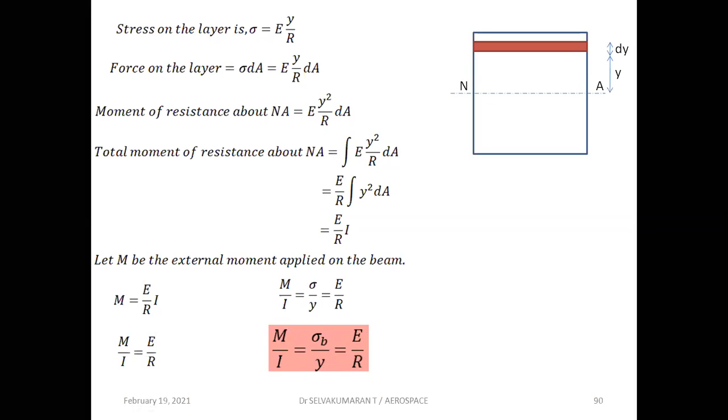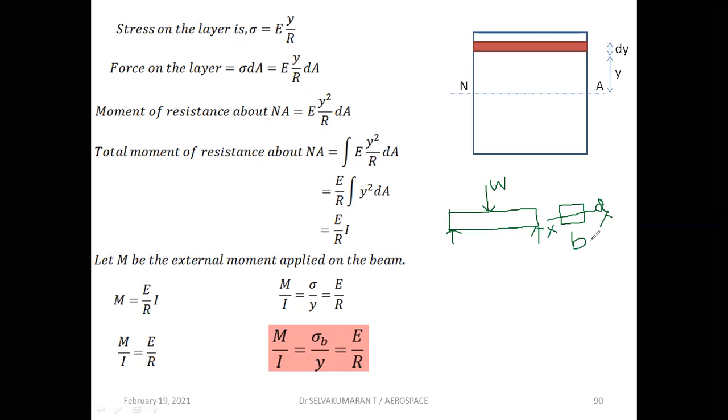For example, suppose this is my beam, with a load W acting, and this is my support and this is my support. If you take the cross section like this, with the x-axis, B is the width and D is the depth.